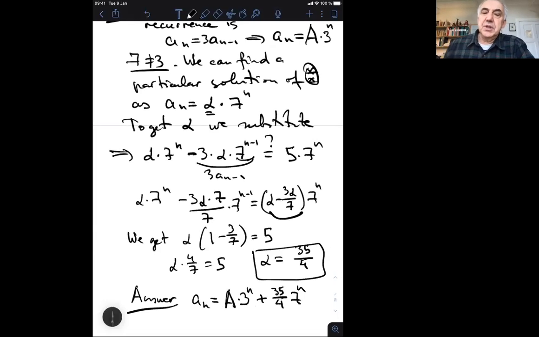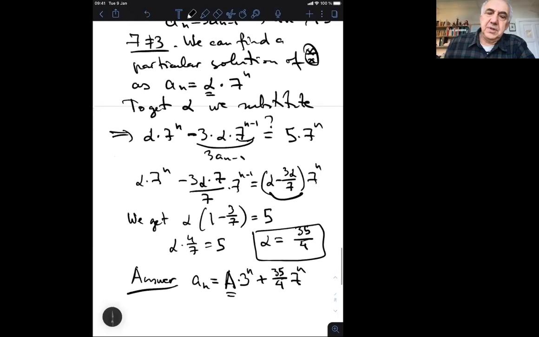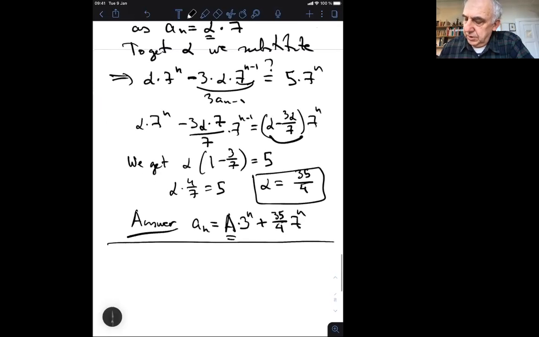And if we have some initial condition like a1 equals, I don't know, 2020, then we get a particular value for the starting constant A. Okay, so this illustrates our first situation. What about the second situation?